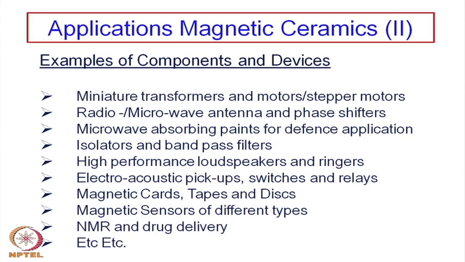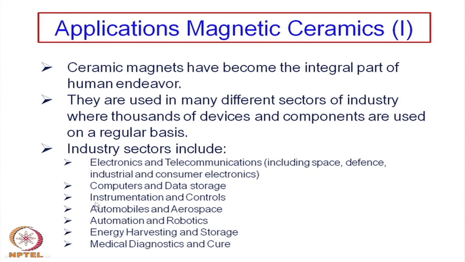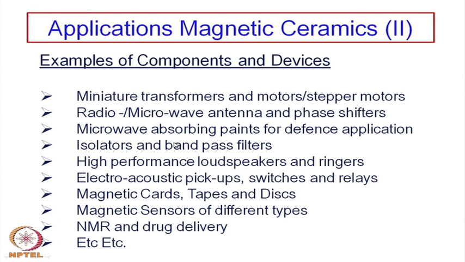Well, so far as the components are concerned, we have earlier given you the sectors of different industries, but they have some commonality so far as the components are concerned. So, these are some of the components which are used in different sectors. They have common application areas, for example, miniature transformers and motors, including stepper motors.